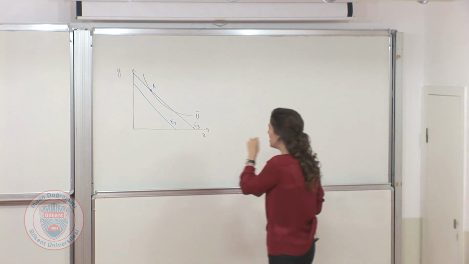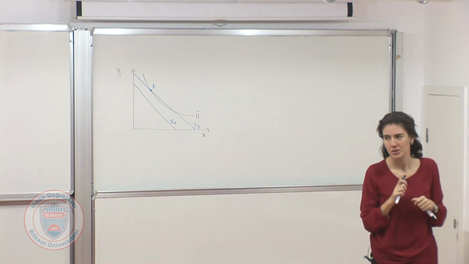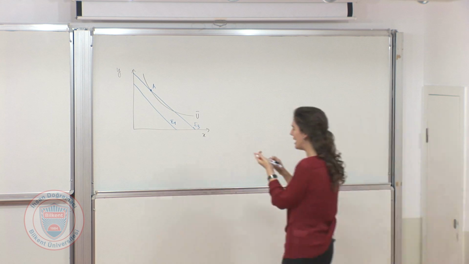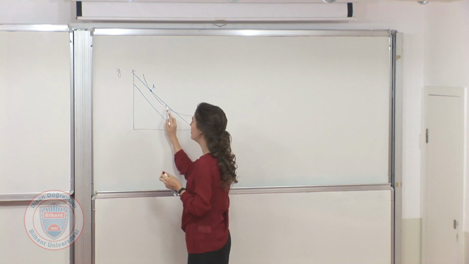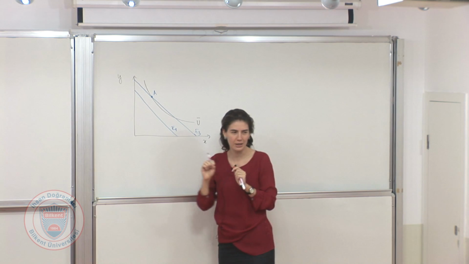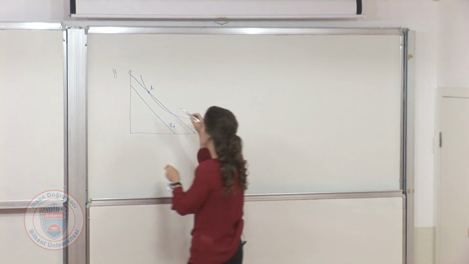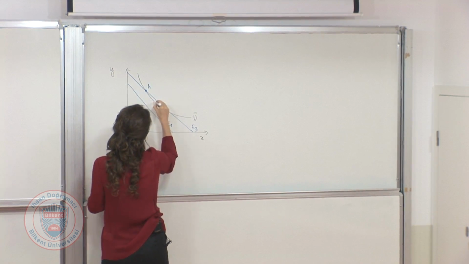Now, but is this the minimal amount of expenditure? Can you do better? Where is better? If we go again, maybe I can just go a little bit down. If I'm looking for the minimal level of expenditure, where would I stop? Some point like here, right?